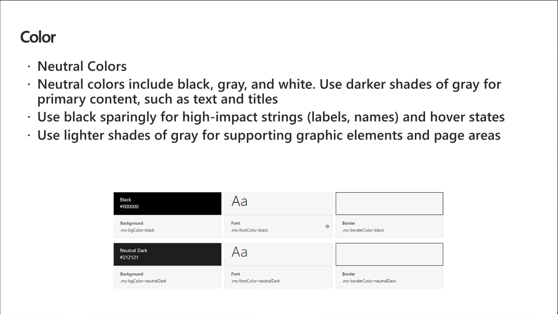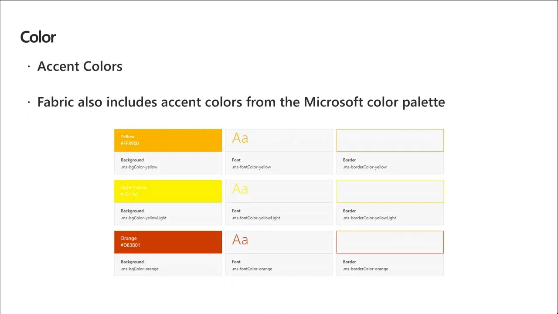Use darker shades of gray for primary content such as text and tiles. Use black sparingly for high-impact strings like labels and names and hover states. Use lighter shades of gray for supporting graphic elements and page areas. We also have accent colors, which are used for alerts and warnings and informational things.